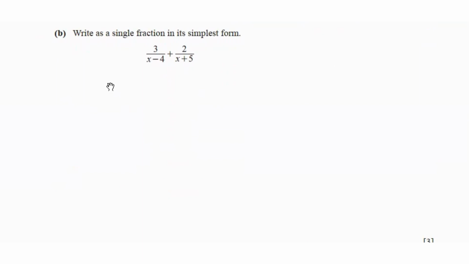Then it says write as a single fraction in its simplest form. Once again, since we have fractions with unlike denominators being added, we'll make the denominators equal by multiplying the first fraction by X plus 5 and the second fraction by X minus 4.